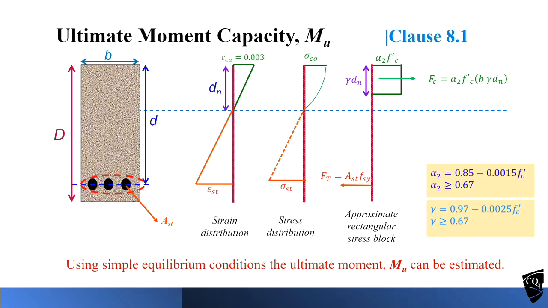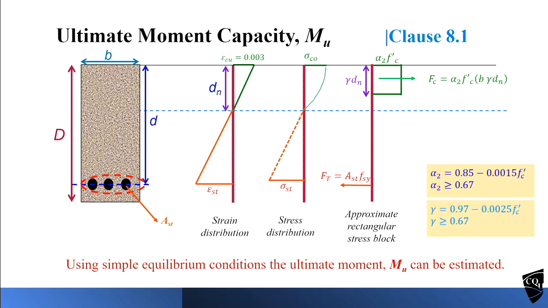Two unknowns. So in the ultimate case, I put the strain at the top fiber, that is under compression, as 0.003, because that is the maximum strain the concrete can carry. That is an assumption. The standard says the strain in the concrete cannot exceed 0.003.